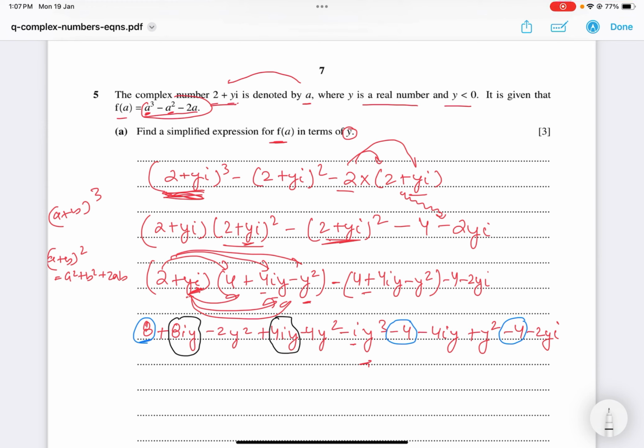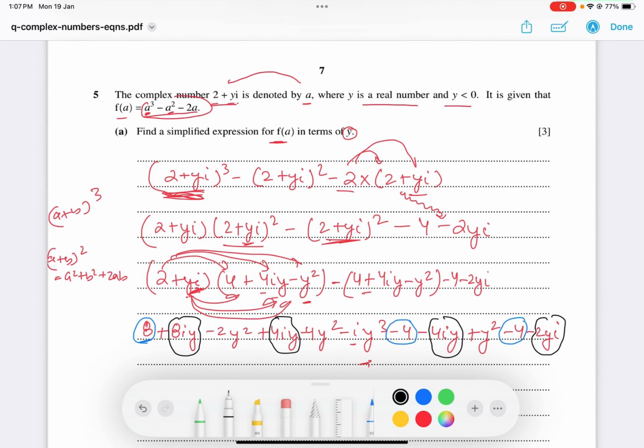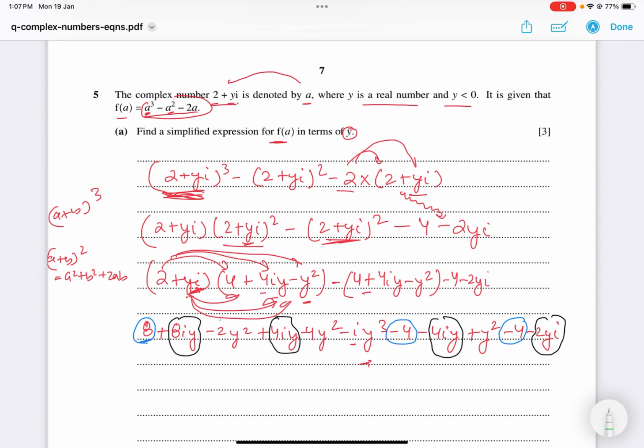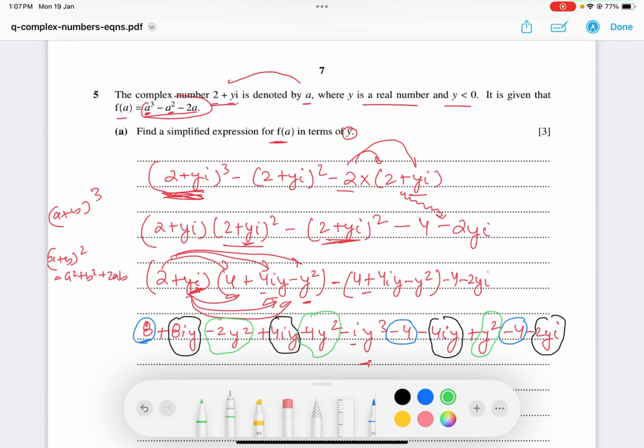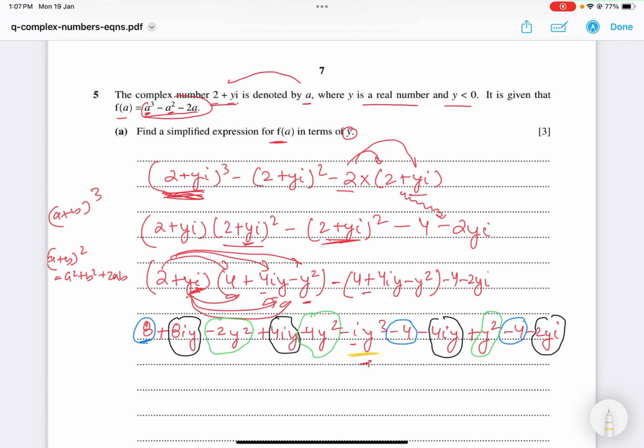This is iy, and this is also iy, and this is also iy. Alright, let us use green color for y square terms. This is y square, this one is y square, and this one is y square. That leaves only one term alone, that is this one.